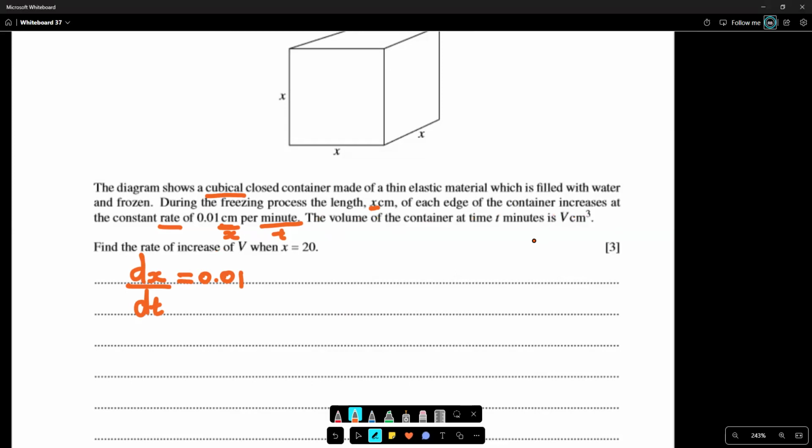Okay, that one we know. Volume is always measured in centimeter cubes. And then they say find the rate of increase of volume when x is 20. So basically they're looking for dV over dt, the rate at which the volume is increasing.